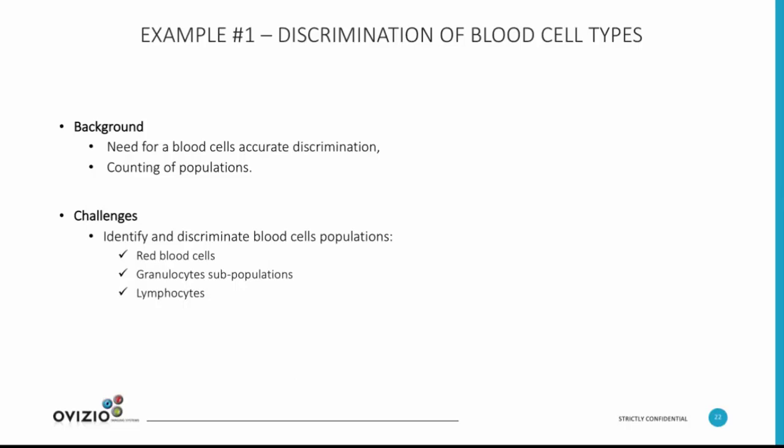So the big challenge was, can we identify and discriminate different blood cell populations in a culture? There was a leftover of red blood cells in the culture, and then of course there are the granulocytes with their subpopulations, and there are the lymphocytes.